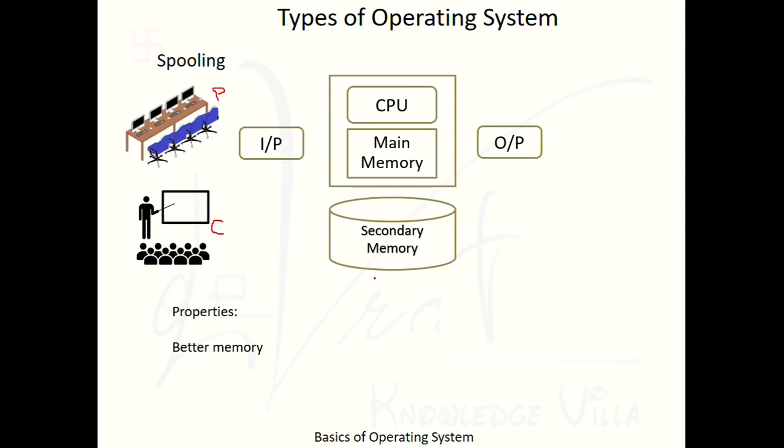So the same thing is here. Secondary memory is used for storage purposes. Whatever the process, jobs, data or information is, it is going to be stored inside the secondary memory. And whenever there is a need to execute any program or process, that data will be brought inside the main memory. Let's see how this works in detail.